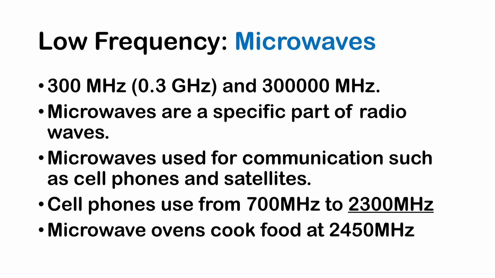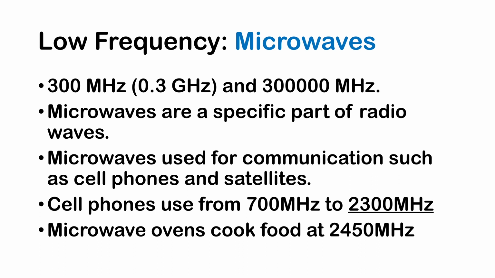Then there's microwaves. Microwaves are a part of radio waves. It's like a smaller portion, like if you zoomed in on radio waves, microwaves would be part of it. This is the range, 300 megahertz to 300,000 megahertz. Microwaves are a specific part of the radio waves, like I said. It's useful for satellites, cell phones.